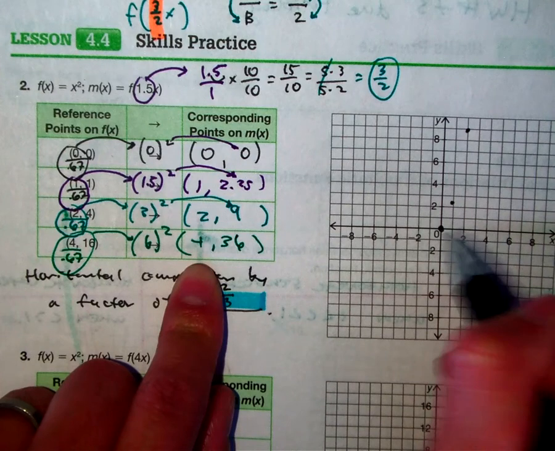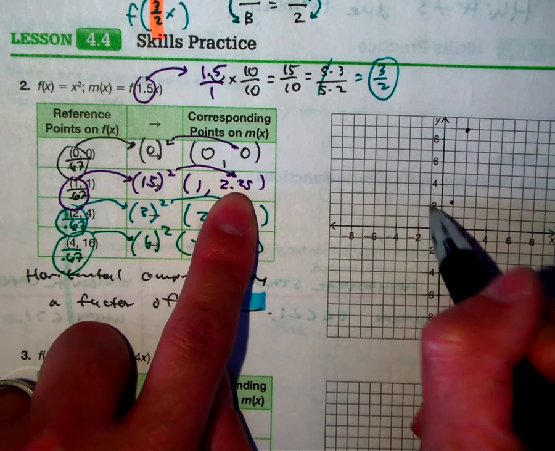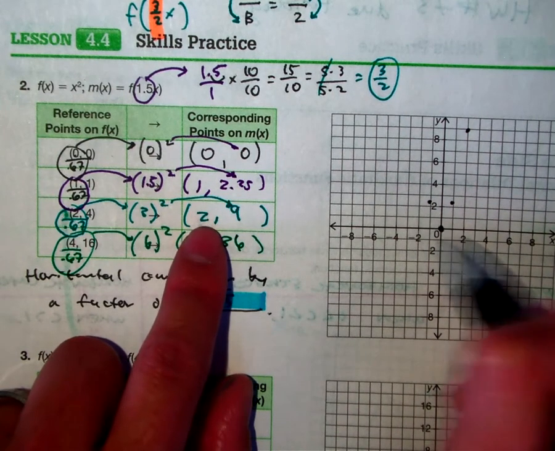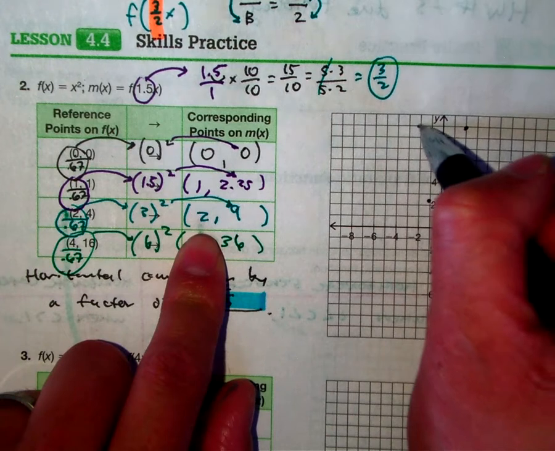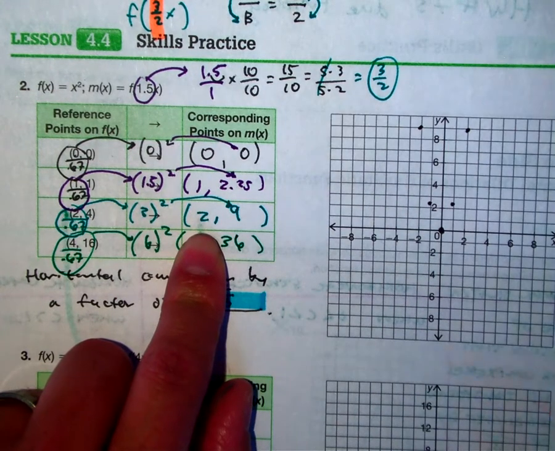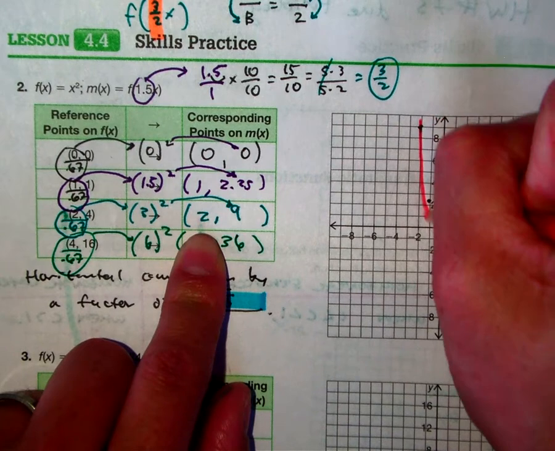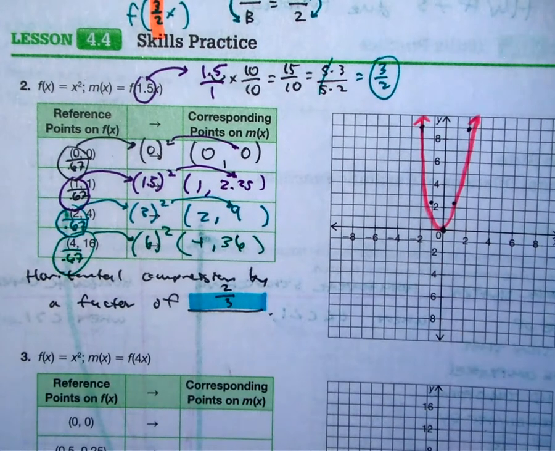So if we went over 1 and up 2.25, it'll be left 1, up 2.25. For this one, we went 2 and then 9. This will be left 2 and up 9. It's better if you have a colored pencil to do this part. And your graph's going to look like that.